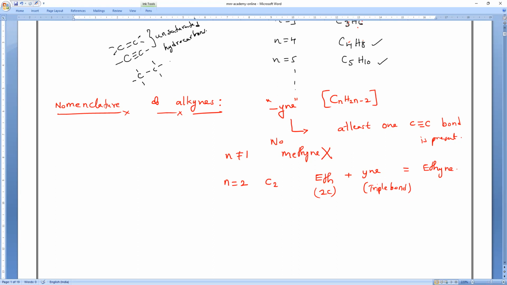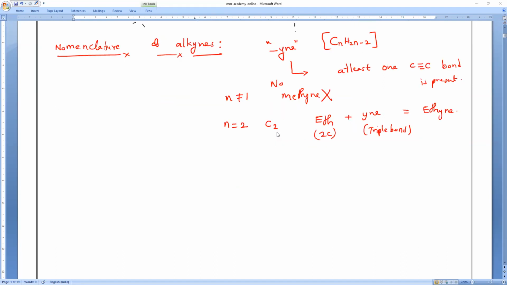We used to say saturated. Please note it. Either it is cyclic or branched chain or straight chain, it doesn't matter. If all are single bonds, it is saturated. At least one double bond, unsaturated, or at least one triple bond, also unsaturated. Is it okay, everybody? Are you clear what I'm saying?